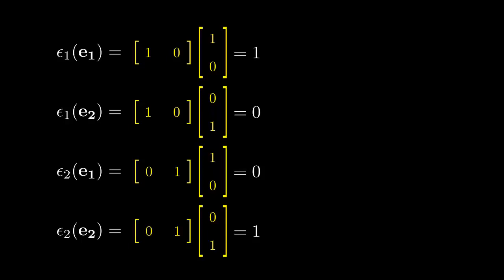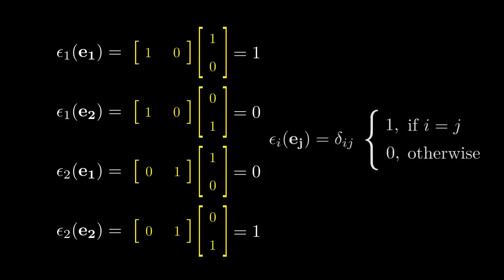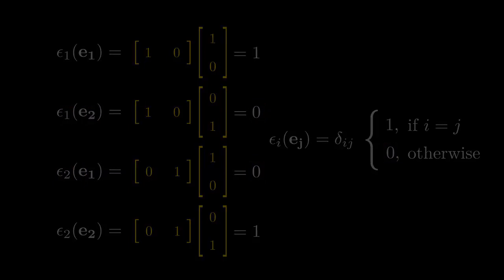This looks complicated, but it is called Kronecker delta. If the subscript is the same, it is 1, otherwise 0. These epsilons behave like a kind of basis. It's a function which takes a vector and gives us a scalar, but looks like a basis.